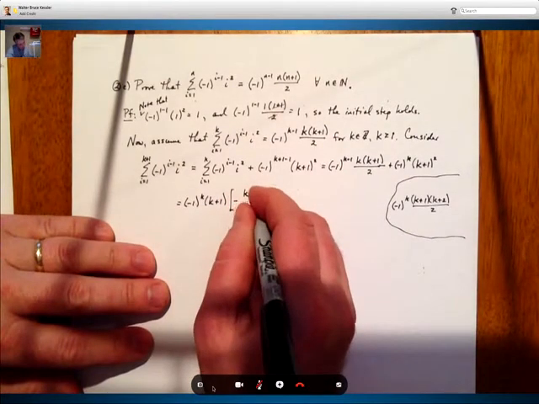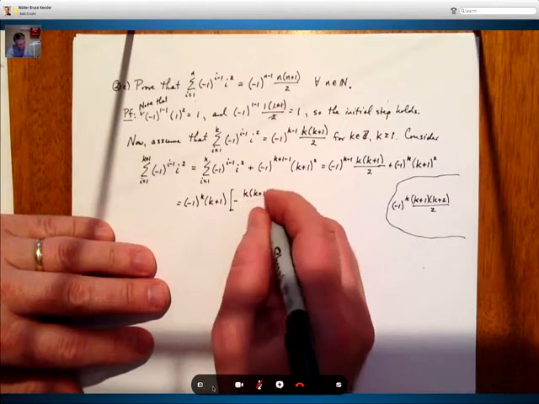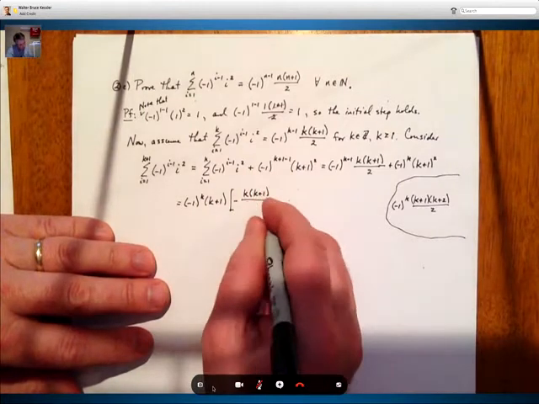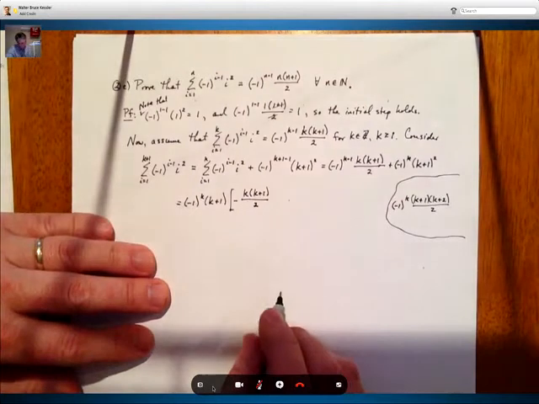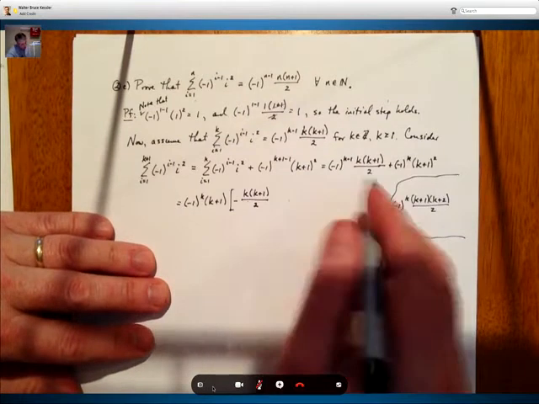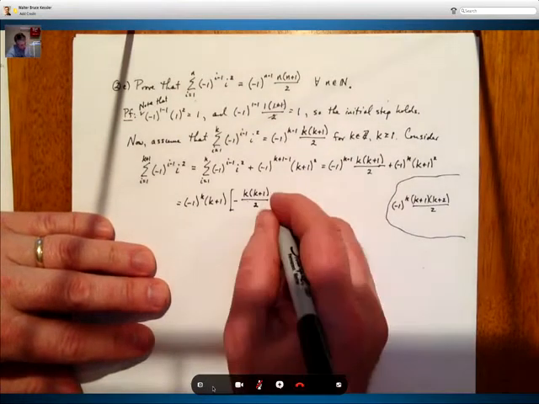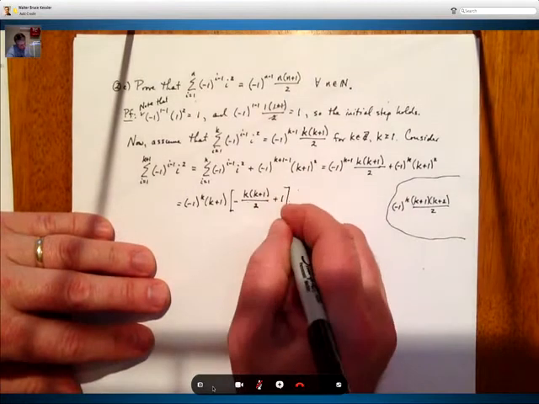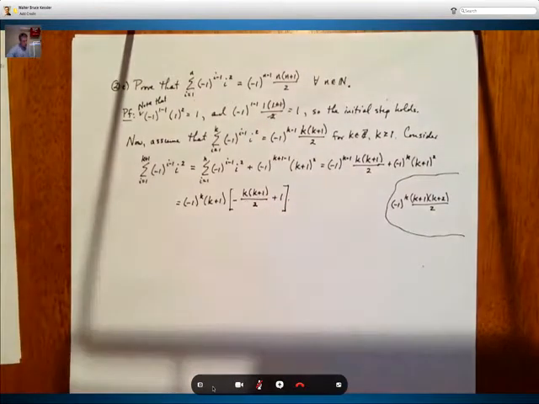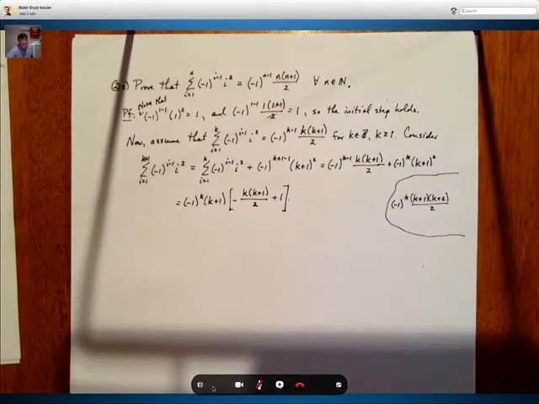So this is a negative k plus 1 over 2, and factoring this out here, I'm just left with a 1. Okay. I'm missing a sign somewhere here. Let me think about this.